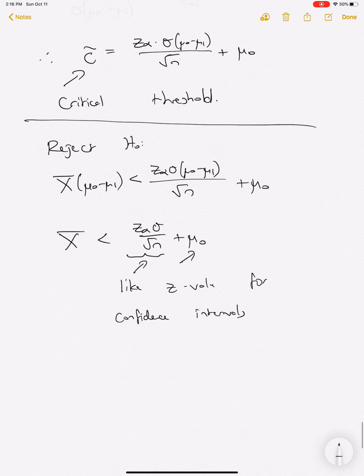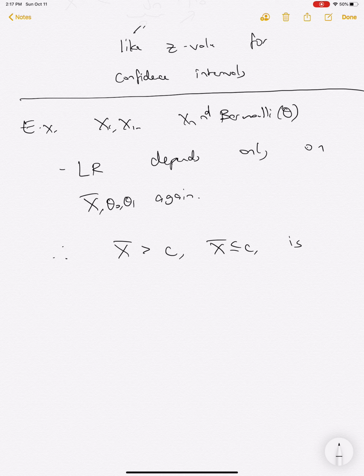Therefore, x bar bigger than c, or x bar less than or equal to c, is equivalent, or we'll say c tilde, so it's not the same, it's equivalent to the likelihood ratio test.